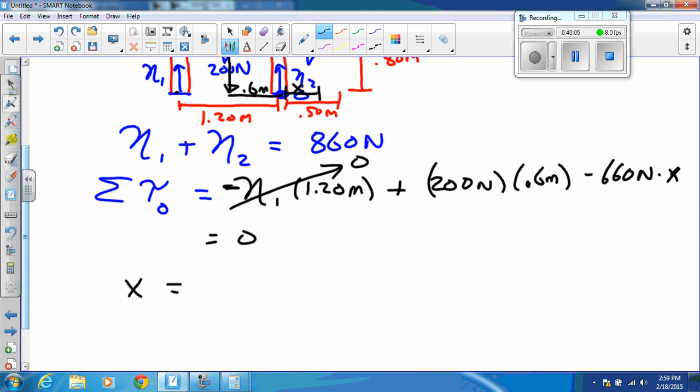Just estimating, I'd go with about 0.2 meters.